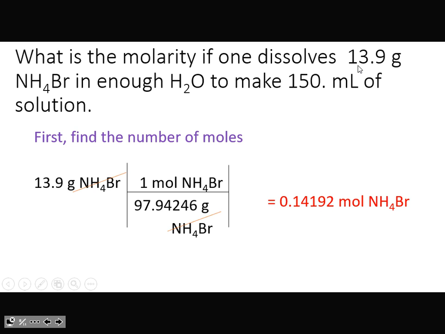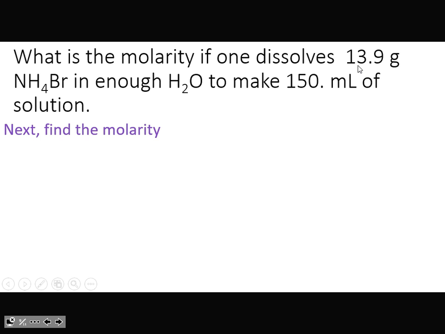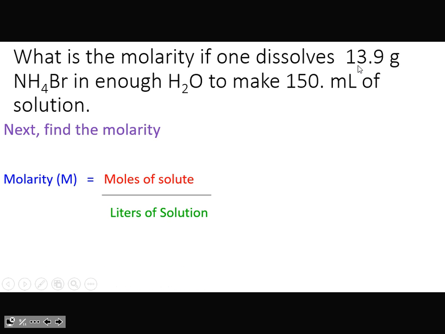I'm not done yet, though, because I need to plug that into my molarity equation. So I need to find the molarity by taking the equation. Molarity equals moles of solute divided by the liters of solution. I just found my moles of solute. How many liters of solution? Uh-oh. Here we go. We got milliliters again. So I've got to jump this 1, 2, 3 to the left. So it's going to give me 0.150 liters.